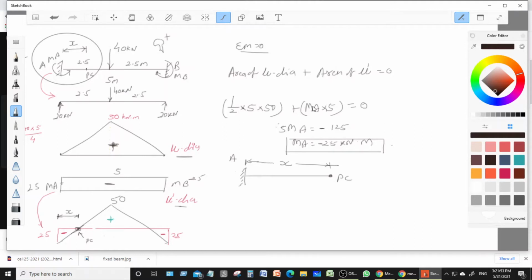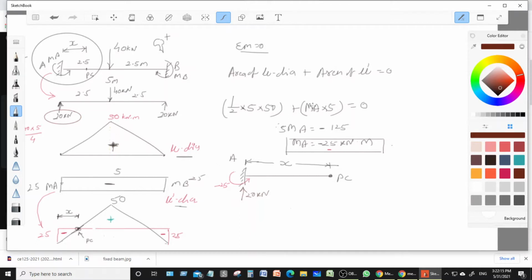Now, you found out the moment MA, that is minus 25, and we also found the vertical reaction, 20 kilonewton.